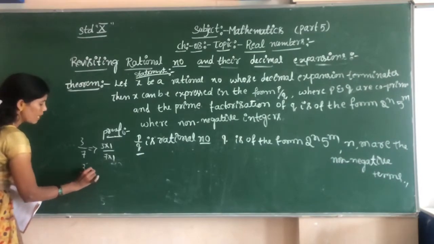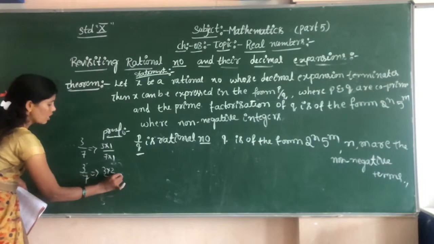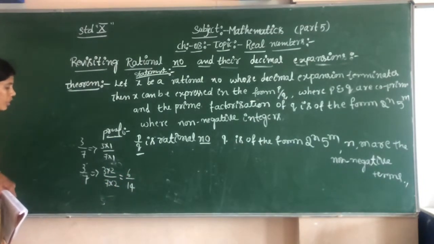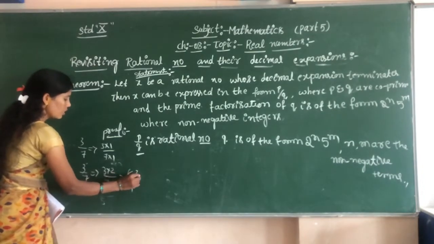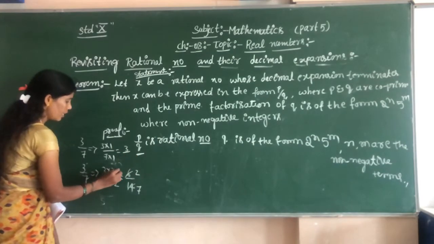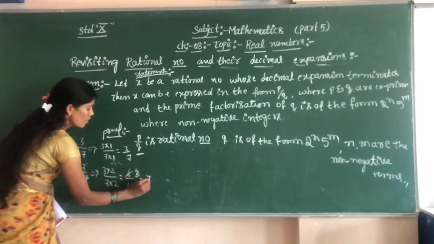Multiplying 3 by 7 gives equivalent fractions like 6 by 14.